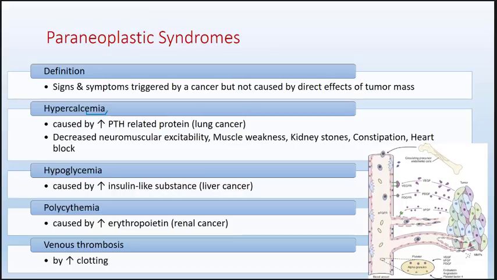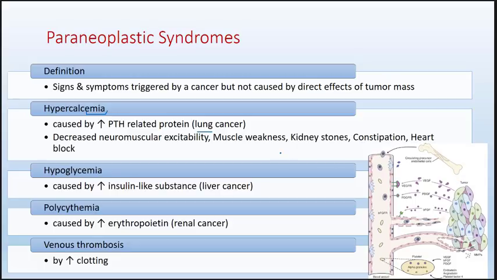Some cancers can actually produce what's called parathyroid hormone-related protein. It can occasionally be released by certain cancer cells, and it's more common in breast cancer as well as lung cancer.